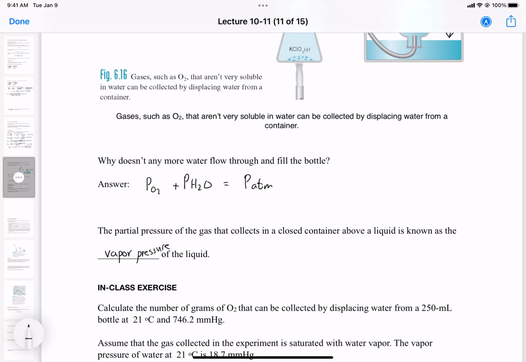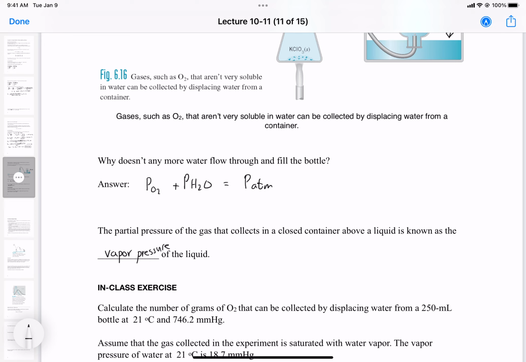When the vapor pressure of a liquid equals the atmospheric pressure of the surrounding environment, that's when we have a phenomenon known as boiling.